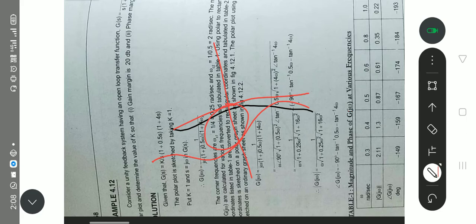Then we can draw a semicircle from each of the ending points, the imaginary part's ending point and the real polar plot's ending point. We can draw both the ends. Okay, this is the Nyquist plot.